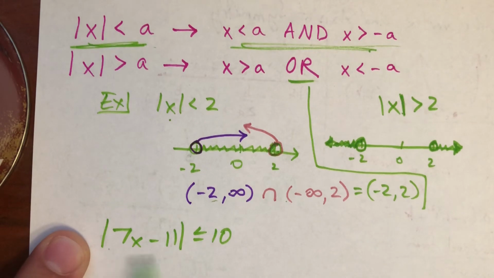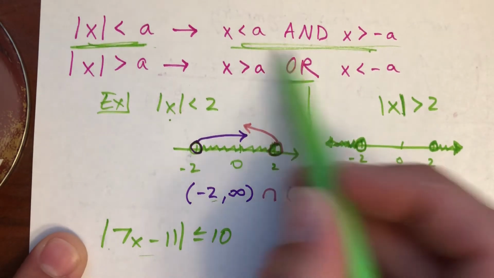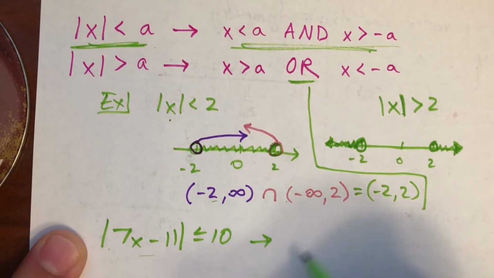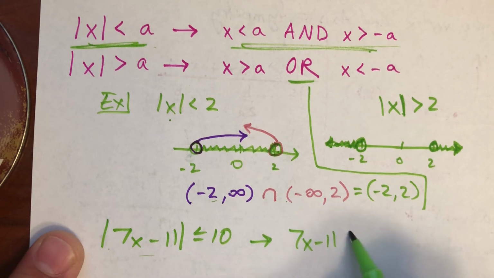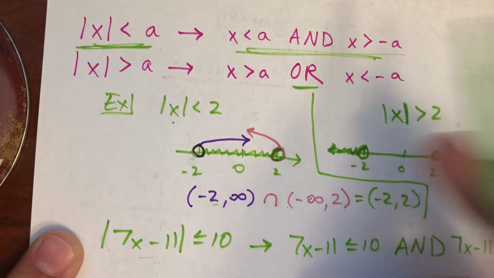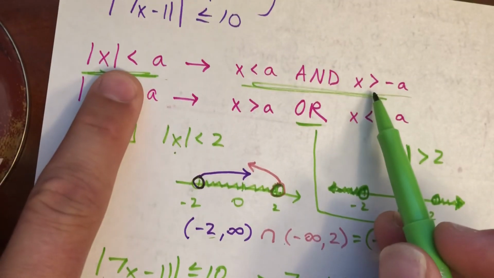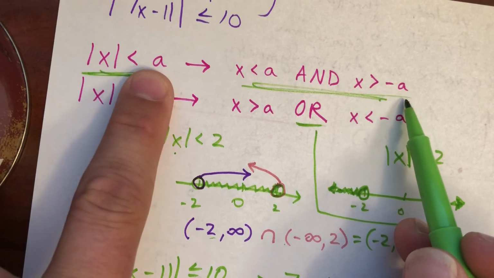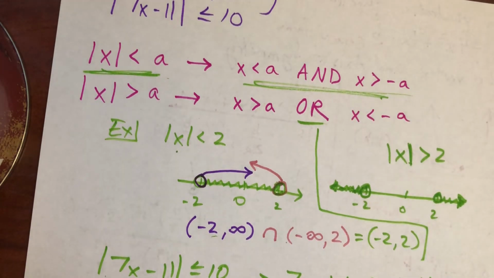So this guy means that 7x minus 11 has to be less or equal to 10, and 7x minus 11, and observe what we're doing, we're switching the sign and we're making this thing negative. So we switch the sign. Instead of being less than, it's now greater than or equal to, and we switch the sign.